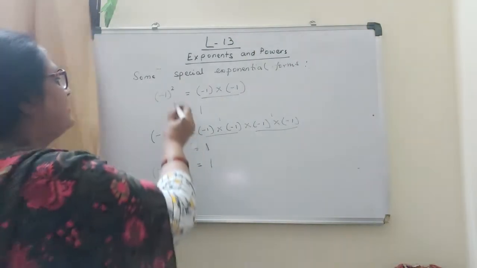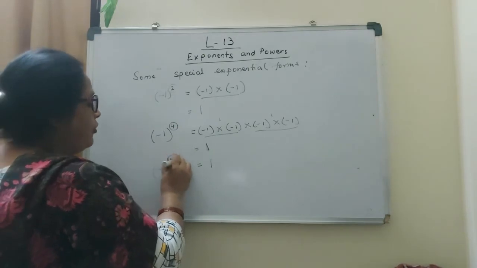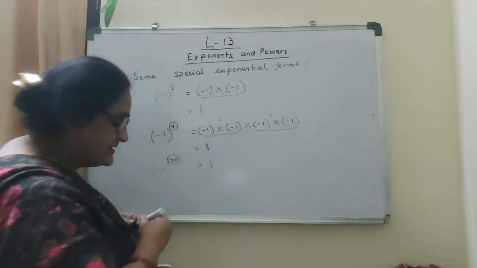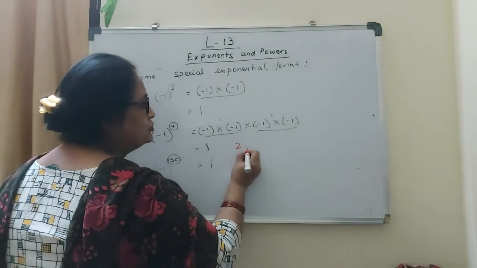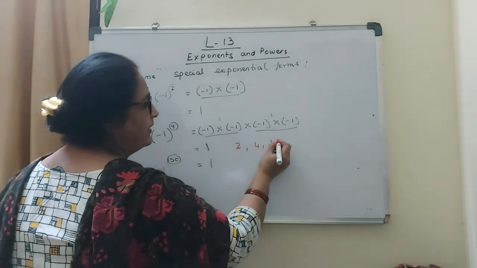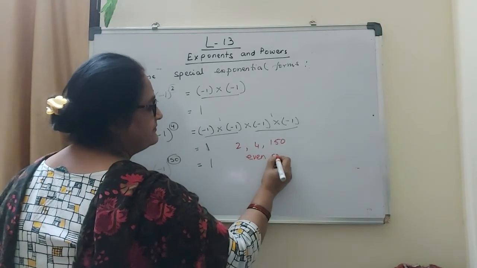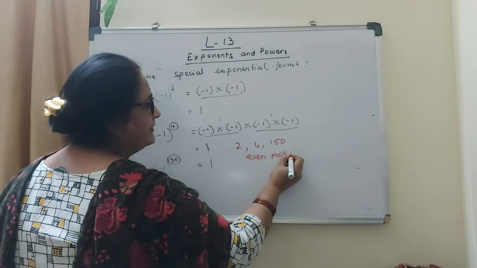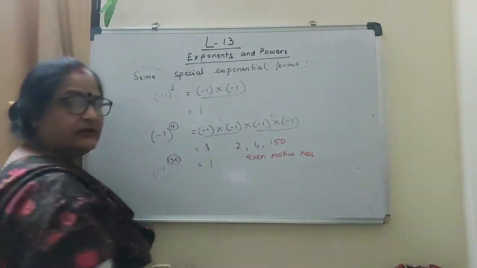So if you look at the powers here, this is 2, 4, 150. The powers I'm taking, 2, 4 and 150, are even positive numbers.